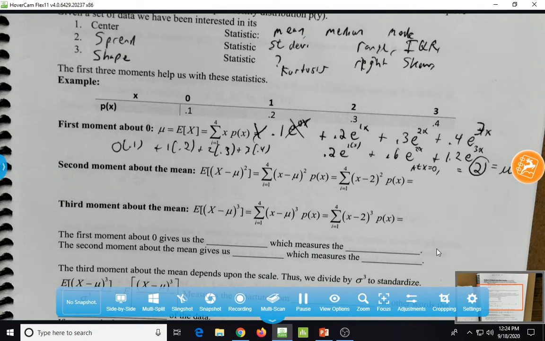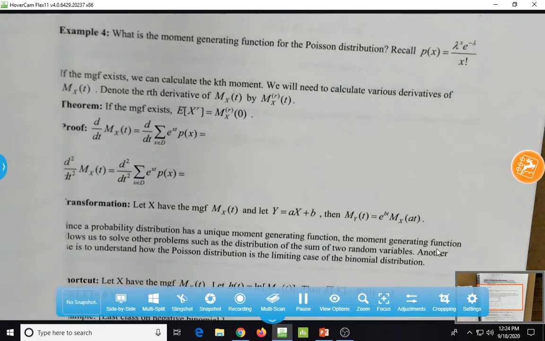So where did this expression come from? The top one, the 0.1 e to the 0x. Because you took the derivative of that and found it was equal to the mean, but where did the first thing come from? That's just how we define what the moment generating function will be. Oh, okay, I didn't give myself enough room here.